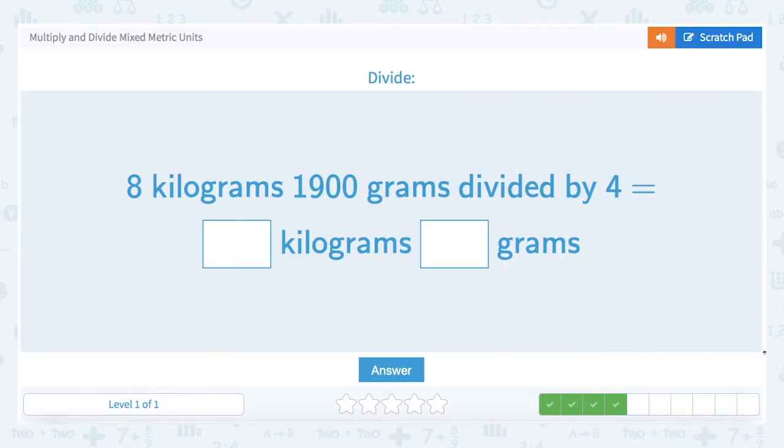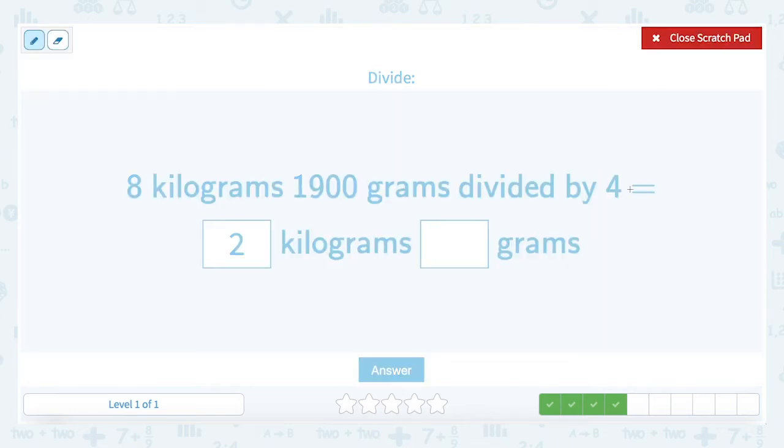8 kilograms, 1900 grams divided by 4. Okay, 8 divided by 4 is going to be 2 kilograms. 1900 divided by 4, you know what, I'm going to go ahead and use my scratch pad here to do this. 1900 grams divided by 4. 4 goes into 19 4 times.